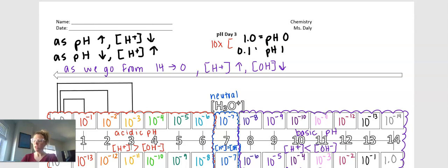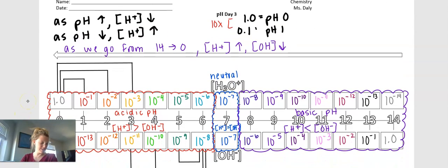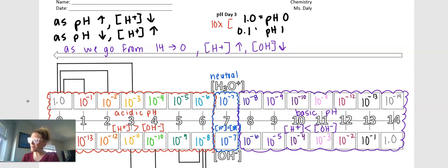So let's relate this down here on our pH scale. If I'm going from a pH of 1 to 0, it is 10 times more concentrated. And again, this is all in terms of H3O plus or H plus.